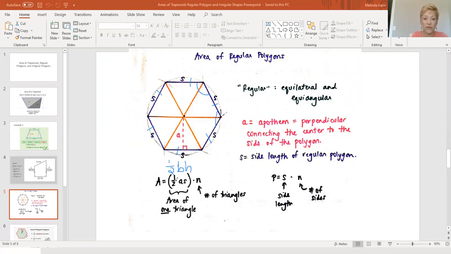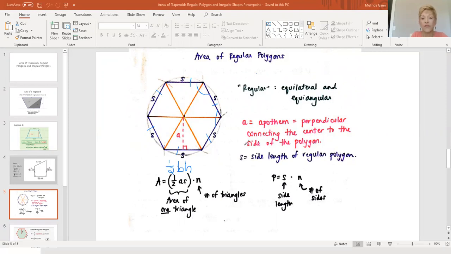In their figure, there's their 1/2. Their base is S, so that's why they have S. They just changed the order that they did it. And their height, they label an A. So this is just 1/2 their base times their height, okay? But remember, that'd be the area of one triangle, but how many do I have? Well, I have 6 triangles, okay?